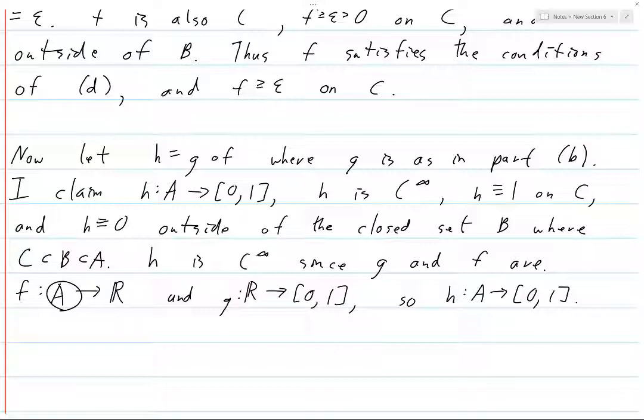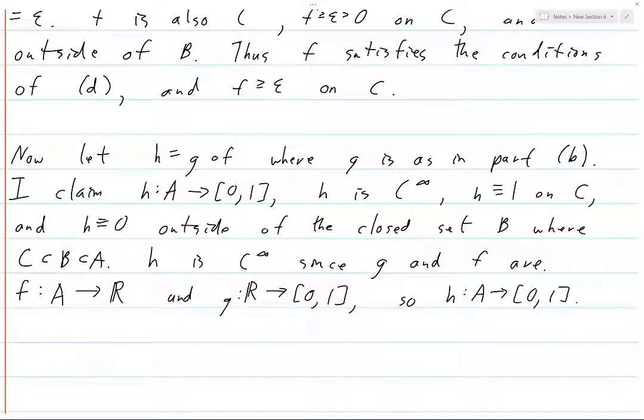but you could just define it. The way we defined F is we defined F to be 0 outside of the closed set B, and so it doesn't really matter what happens outside of A. By my definition, if I had defined it on all of Rn, then it would just be 0 outside of A. So there's no real issue in just restricting the domain to A and keeping everything the same within A. It's just minor points there, but some people might be a little worried about being pedantic.